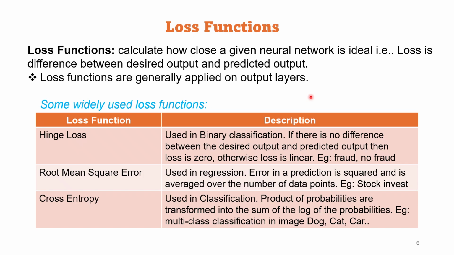But the differences are: hinge loss is used in supervised learning like SVM, that is support vectors, and the range is -1 to 1, and this is less sensitive to outliers, whereas binary cross entropy is used in linear regression and neural networks where the range is between 0 and 1 and is more sensitive to outliers. Cross entropy penalizes correct prediction if the prediction is not close to 1.